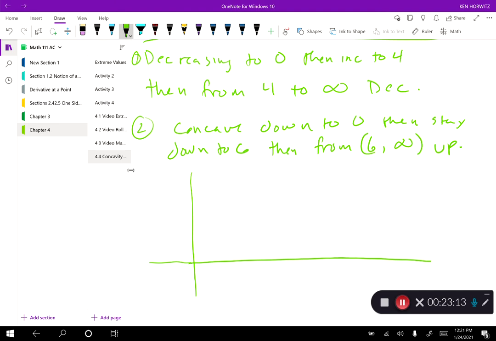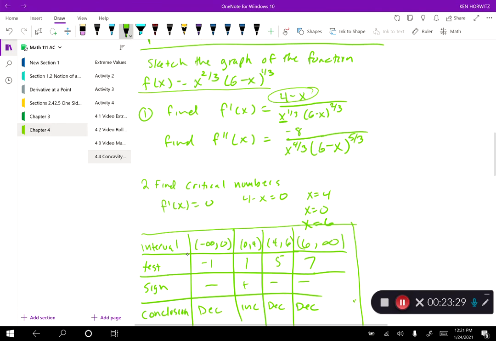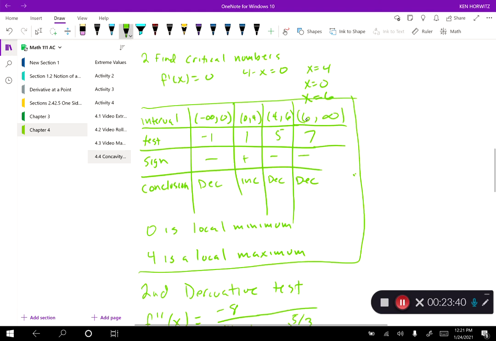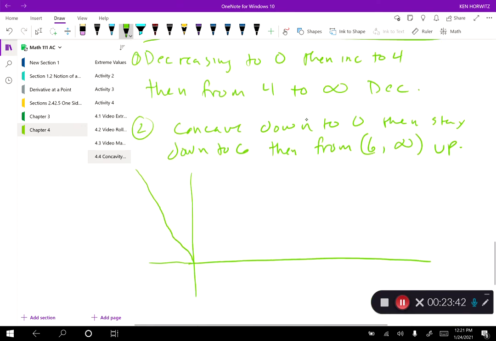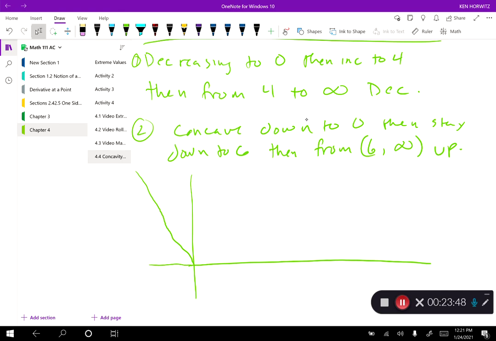From negative infinity to 0, I'm concave down. Now I'm going to have a corner there because if we go back to the original, 0 makes 0, and our first derivative at 0 is undefined. If our first derivative at 0 is undefined, but it's a continuous function, there must be a corner there. Now, 1, 2, 3, 4.